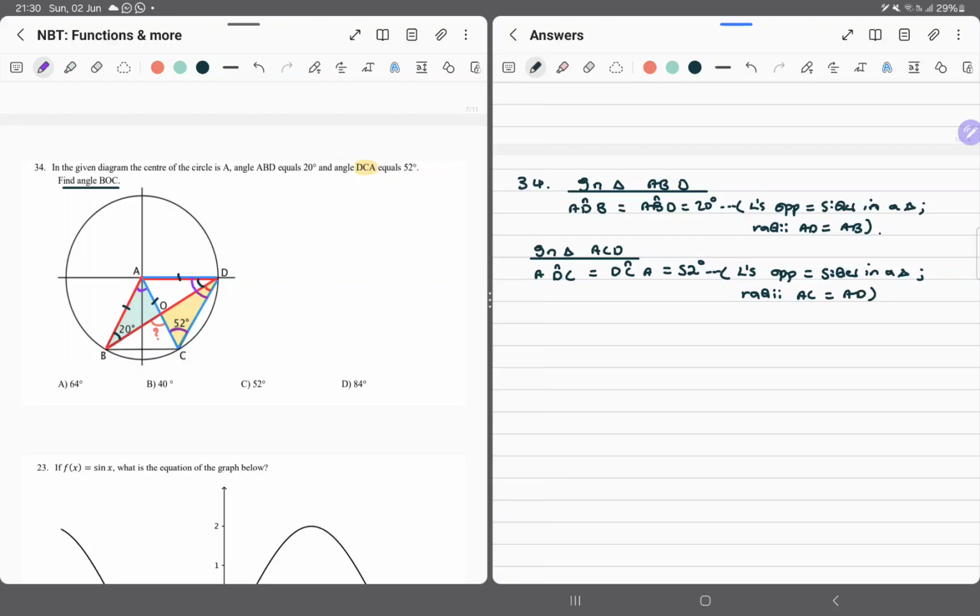So if we want, we can move on and work out this little piece, because we want that little piece here. We understand that this angle, let's call it ODC, plus this other angle ADB is equal to 52 degrees.